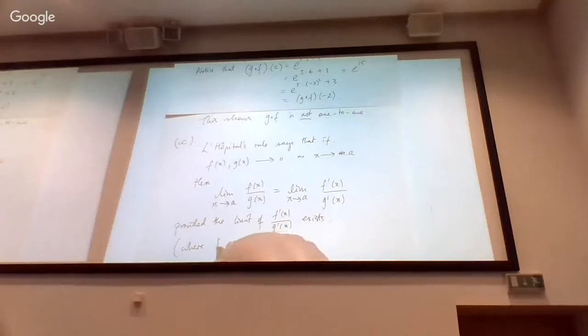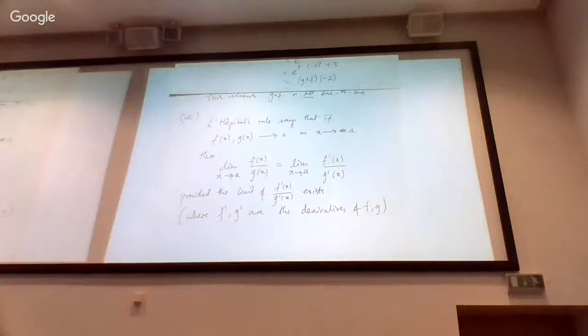Just to explain the notation, f prime and g prime are the derivatives. Okay, so we quote L'Hopital's rule clearly, and then apply this to the question.